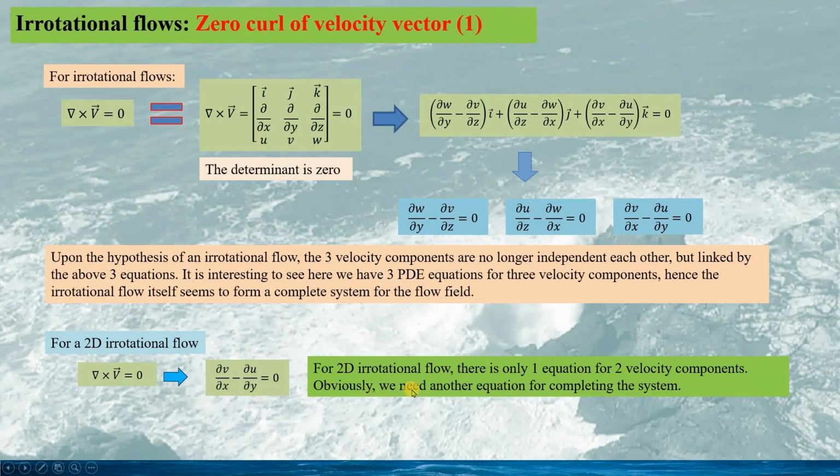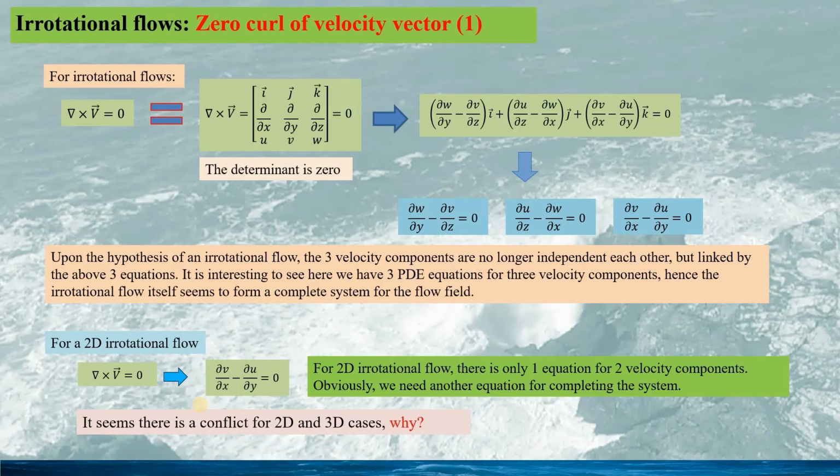Therefore, for 2D irrotational flow, to solve the velocity components, we need an additional equation, and we will see the additional equation is actually the continuity equation, especially for the incompressible flow.